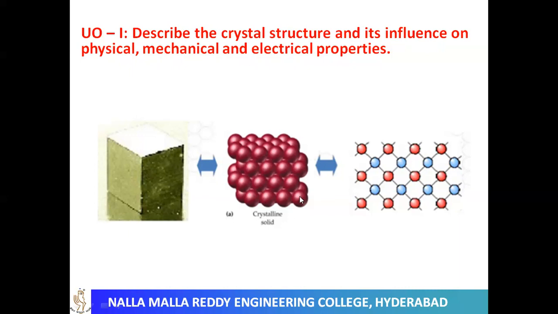For example, when we cool water, we get ice, and this ice is a crystalline solid. Now, when we replace these particles with representative points, a crystal lattice is obtained.